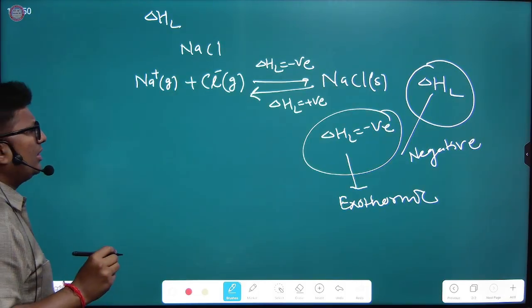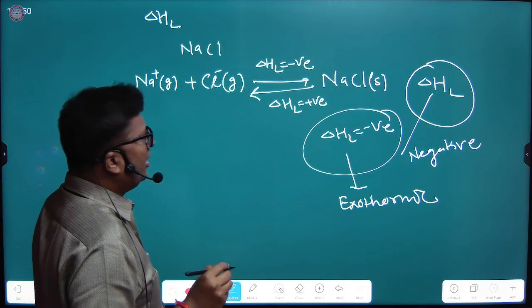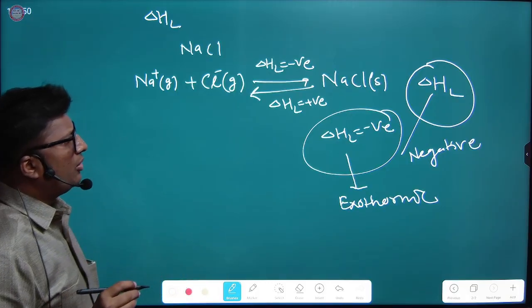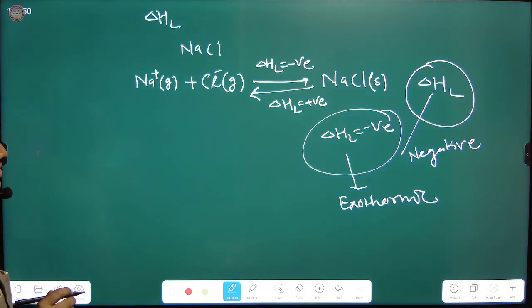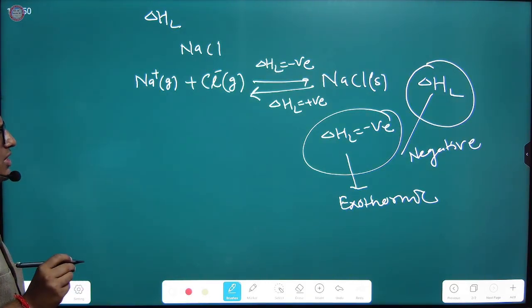So all the alkali metal cations form ionic compounds. What are the lattice energies of each ionic compound?